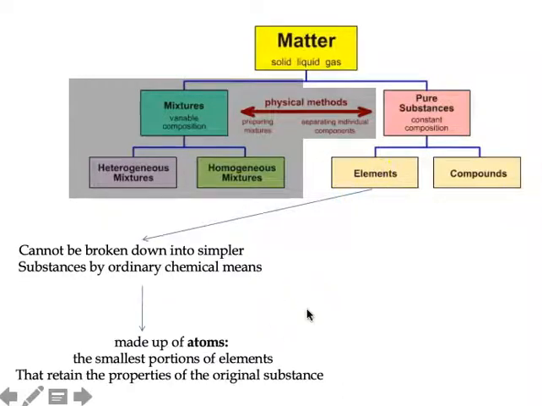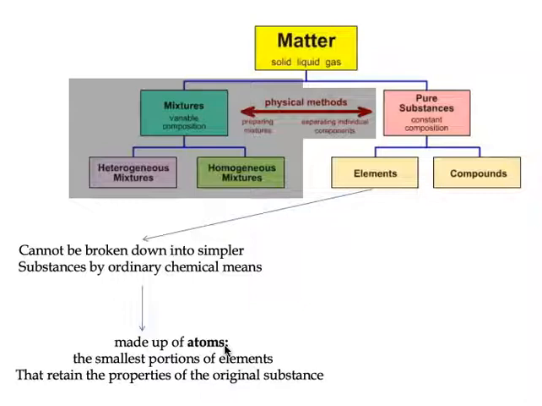And you'll probably recognize this term, atoms. It turns out that's the smallest portion of an element that retains the properties of the original substance. So we've got elements, which can't be broken down any further into a simpler substance, and each one of those elements is made up of a whole bunch of atoms of a particular type.